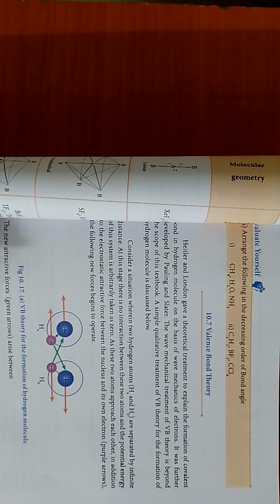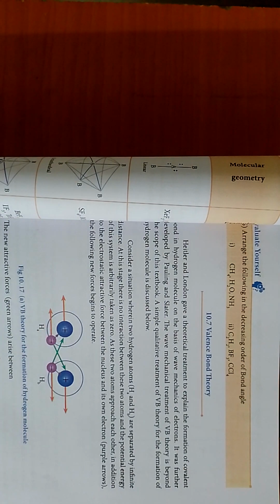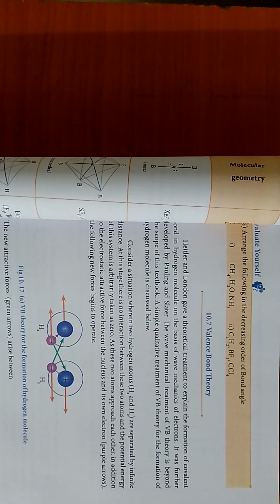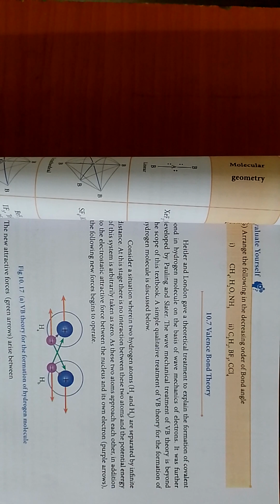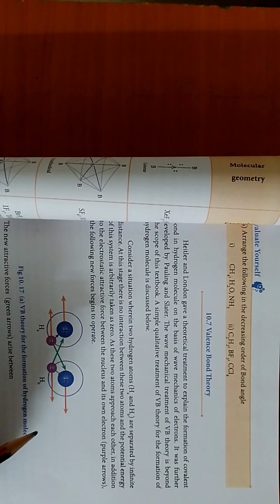The new attractive forces, green arrows, arise between the nucleus of HA and the valence electron of HB. Because this is positive and this is negative, there is an attractive force. Nucleus of HB is positive, and the valence electron of HA is negative. So you can see the attractive force between the two hydrogen atoms.